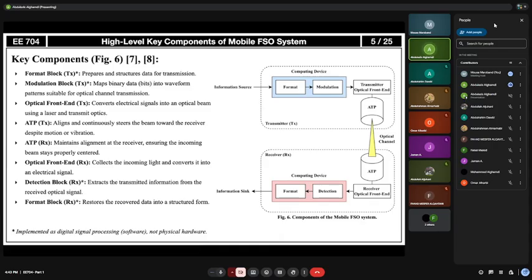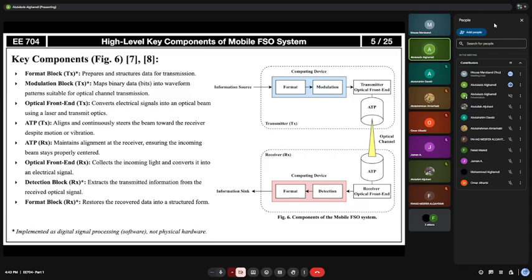Moving to the receiver now, we have the ATP system also, but at the receiver, its role is to maintain and align the receiver, ensuring the incoming beam stays properly centered. Then we have the optical front end of the receiver, which collects the incoming light and converts it into an electrical signal. And then we have the detection block, which extracts the transmitted information from the received optical signal.